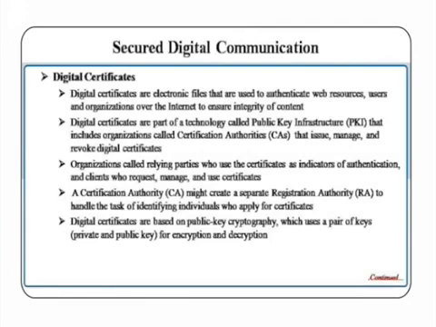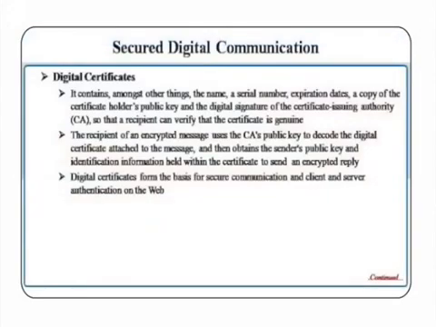for the certificate. Digital certificates are based on public key cryptography, which uses a pair of keys, a private and a public key, for encryption and decryption. A certificate contains, among other things, the name, a serial number, expiration date, a copy of the certificate holder's public key, and the digital signature of the certificate issuing authority, that is the CA, so that a recipient can verify that the certificate is genuine.